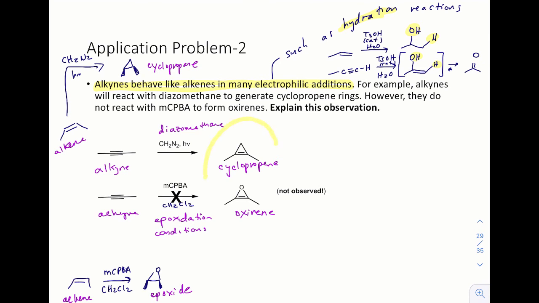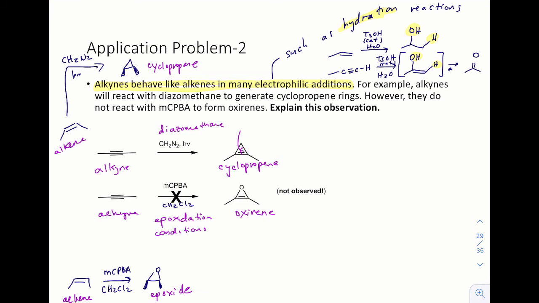Now, it is true that both of these three-membered rings are certainly high energy. They're higher energy than their cyclopropane and epoxide counterparts, just due to increased angle strain. This carbon is sp2 hybridized with an ideal bond angle of 120 degrees, but it's constrained to a 60-degree angle just due to geometry, right?